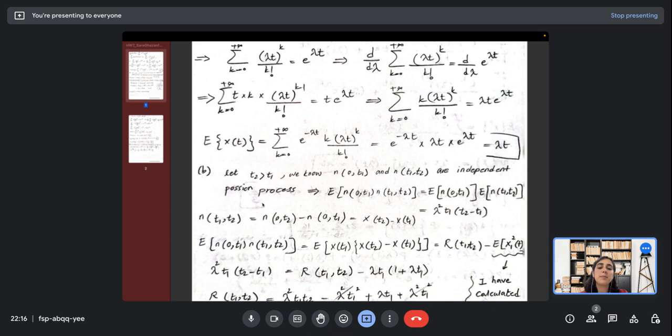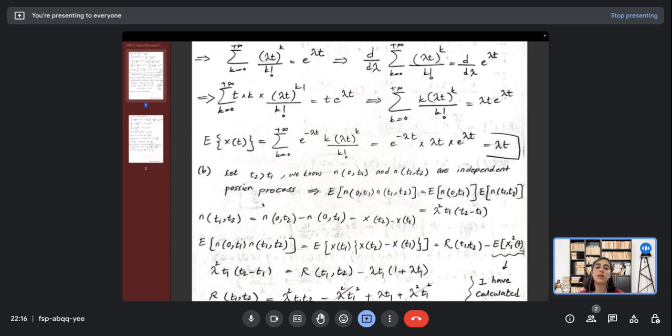We need some preparation so that we can have the answer for R(t1, t2). What are these preparations? First, we know that if t2 is greater than t1, for the time ranges 0 to t1 and t1 to t2, these two Poisson processes are independent.